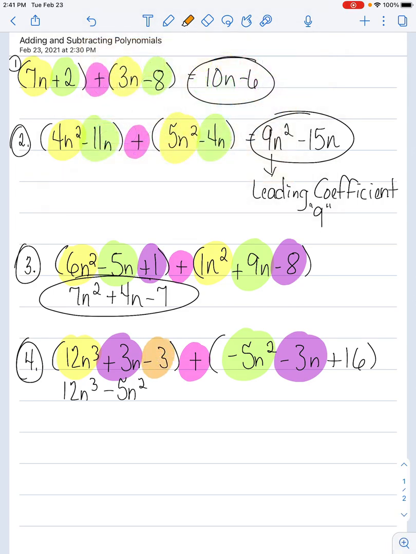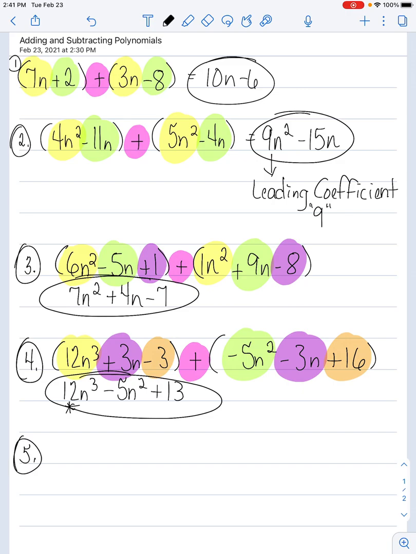And then I'm left with negative 3 plus 16. Those are like terms. They're both constant, so negative 3 plus 16 is positive 13. So I have a trinomial, you can still call it a polynomial, 12n to the third minus 5n squared, or to the second, plus 13, and my leading coefficient is 12. So what do we do if we have subtraction?